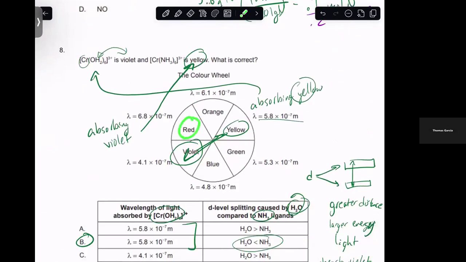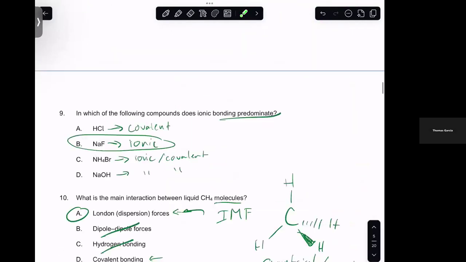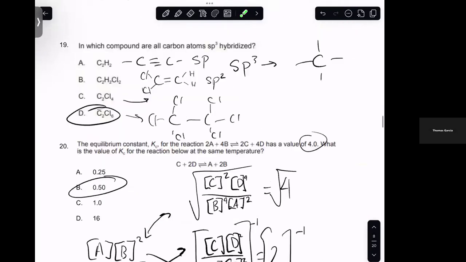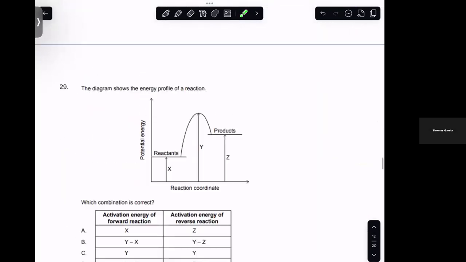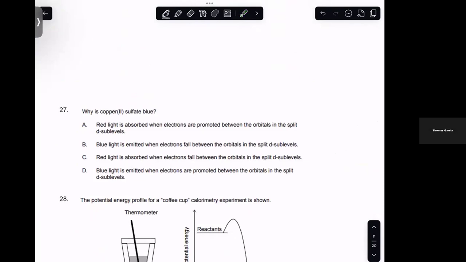Let's see. Red is kind of opposite blue. Maybe it should be greenish. Who knows? But absorbing red probably gives us something in this color range. So going back, sounds pretty good. I think I'll keep an eye on this one because it sounds like an answer. That is kind of why things end up being blue.